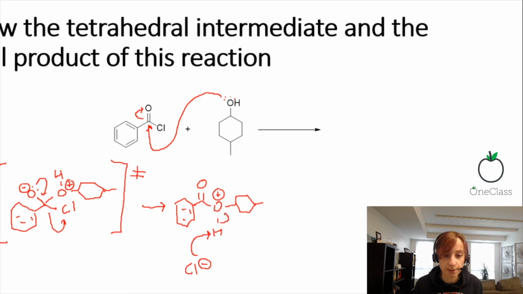We're going to push the electrons back into the oxygen to get our final product. And we also formed HCl as a byproduct. And that is how you draw the mechanism for an acyl transfer reaction.